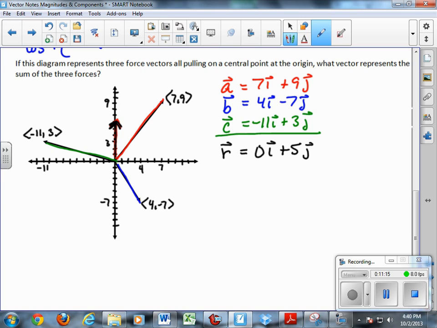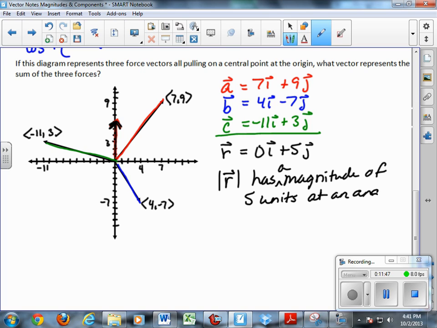So if we wanted to write this in terms of its magnitude and direction, we could say that vector R has a magnitude of 5 units at an angle of 90 degrees. I could find this really easily because it was 90 degrees. If the i component hadn't been 0, I would have had to use the Pythagorean theorem to find its magnitude. Just reminding you of that.